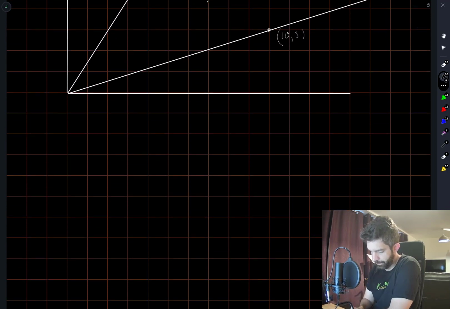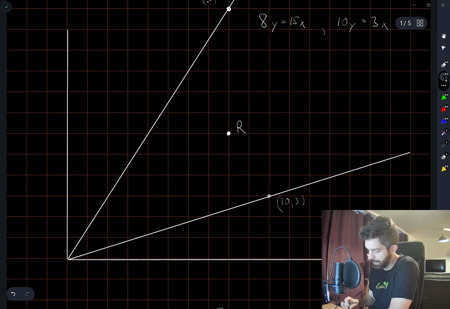Okay, so what I'm going to do is introduce two variables, xp and xq. These are going to be the x coordinates of P and Q. So then I have corresponding yp is equal to 15xp over 8, and yq is equal to 3xq over 10.